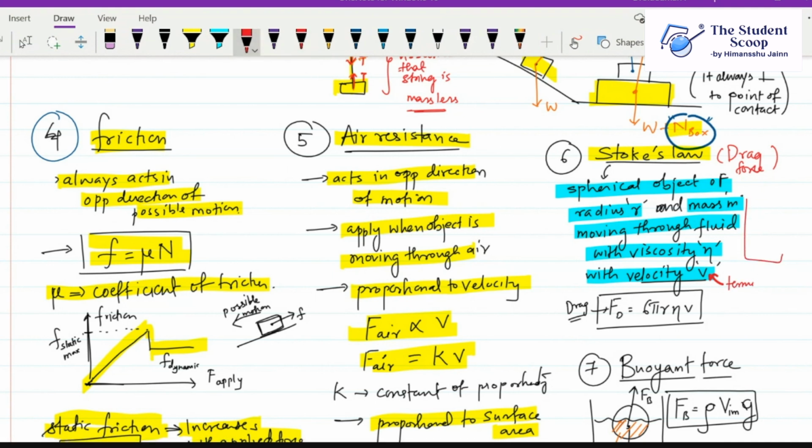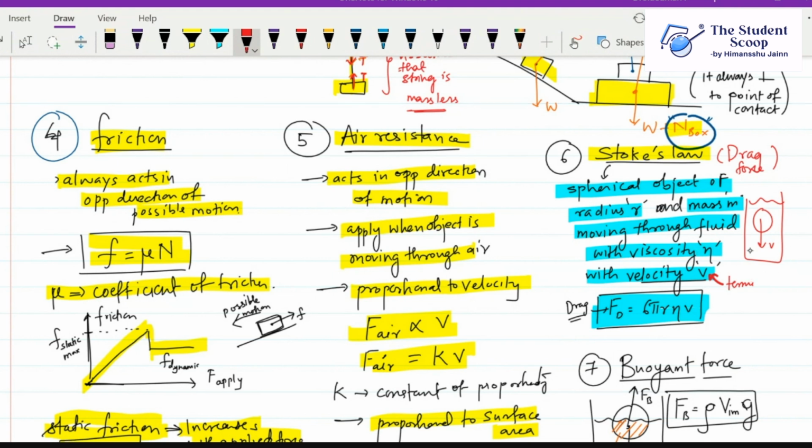So imagine there is an object falling at velocity v inside a liquid. In that case, the formula gives us Fd is equal to 6 pi eta r v. So this eta is a Greek letter, not like n. It represents viscosity.